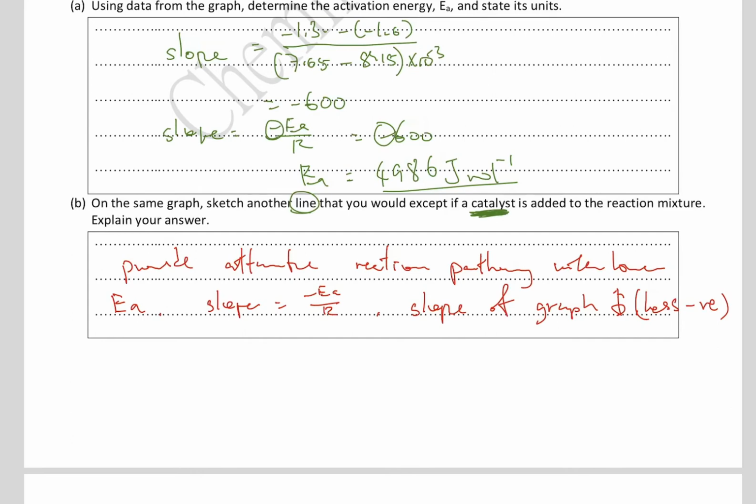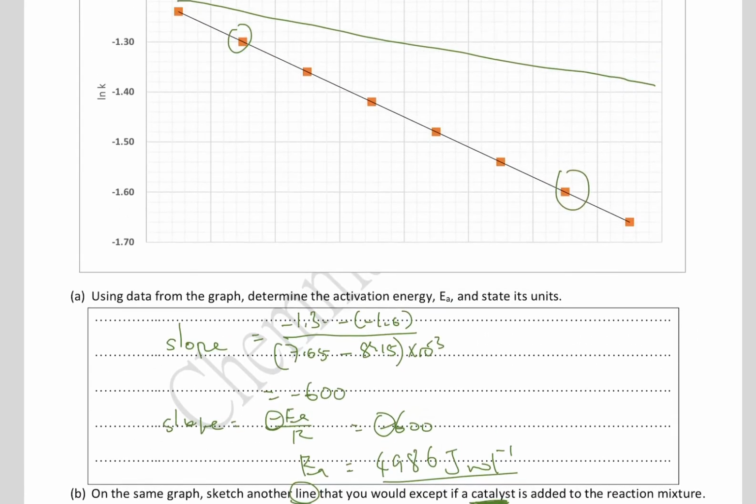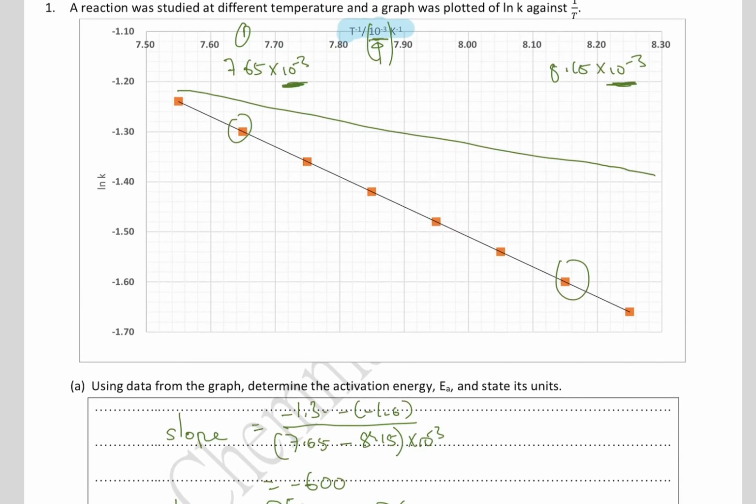They can also ask a further question: if I change the catalyst into a less effective one, that means the activation energy should be higher because the reaction rate is lower. That means you have to draw a line with a much higher slope, I mean in magnitude. That means more and more negative, so the line should be steeper than the original one. So if this is representing two different cases, one effective, then the other is another direction, something less reactive, less effective.